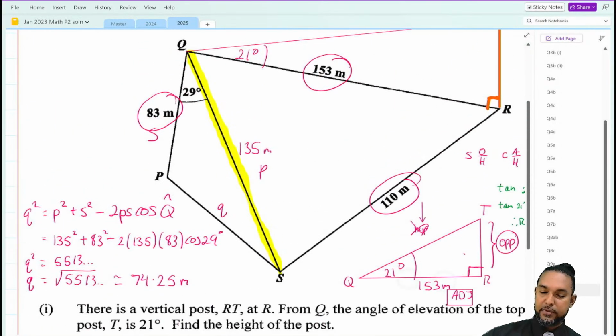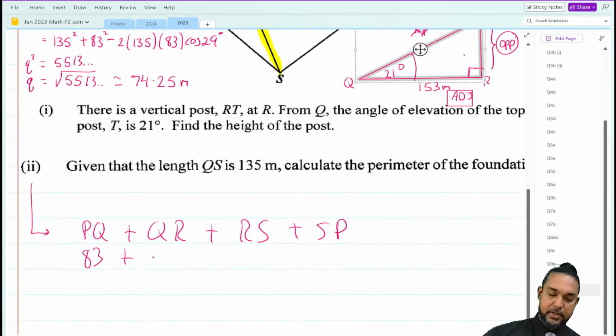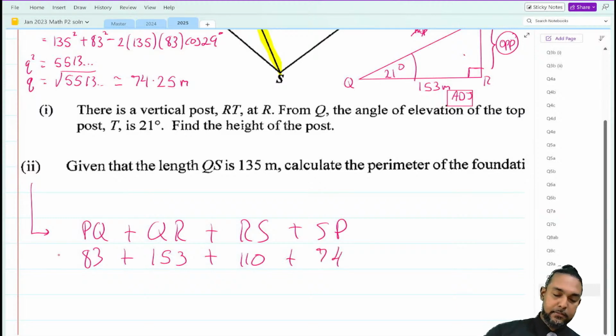QR is 153. RS is 110. So 153 plus 110 plus the 74 we just found, right? That's 236, 346, 350, 420. Anybody? You got the perimeter? All right, 420 meters.